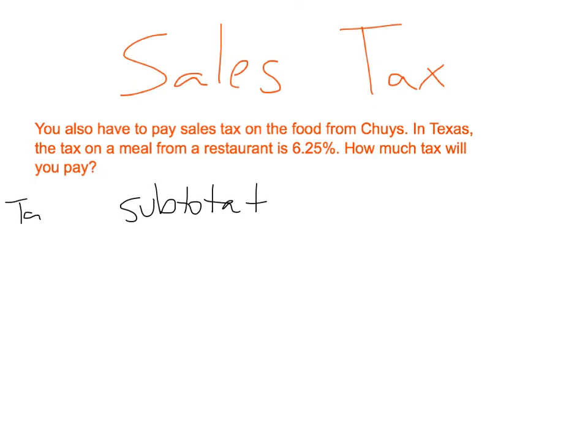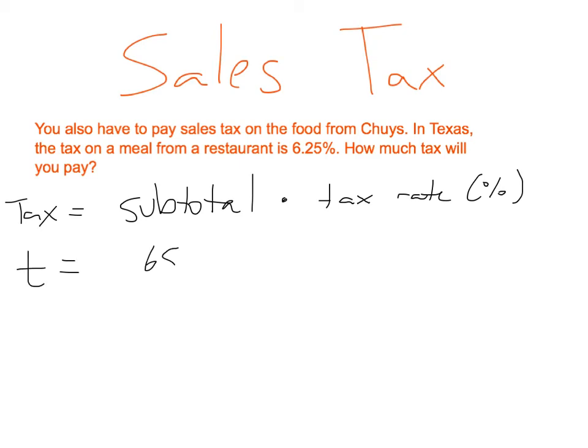Your tax is calculated by taking the subtotal times the tax rate, which is going to be a percent. Okay, so let's find that. I'll just use T for tax.